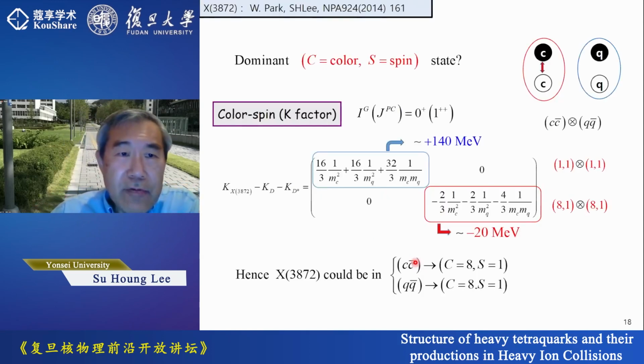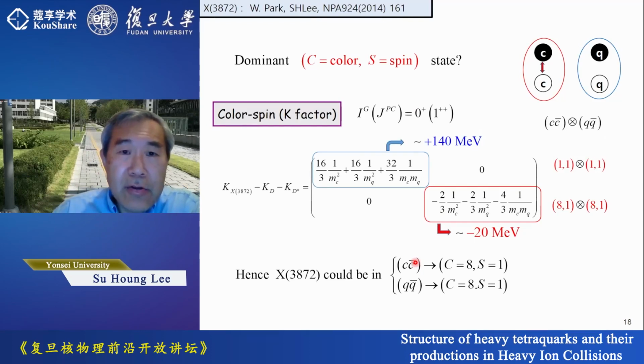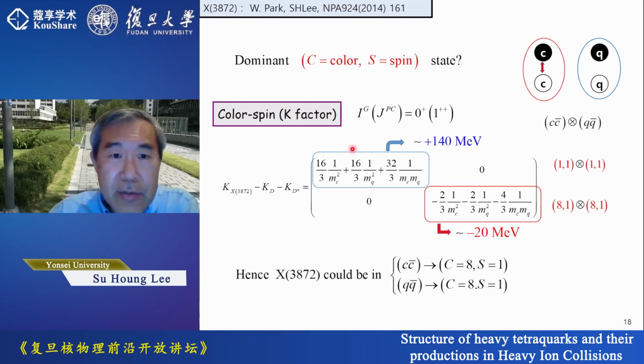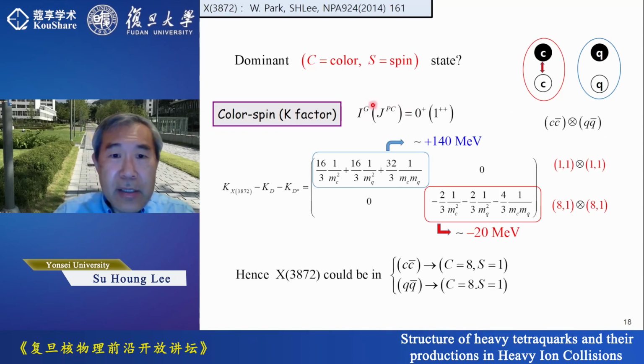As I said, from a quark model point of view, the most important point is the color-color interaction and color-spin interactions. So let's start with the color-spin interaction and calculate the K factor when you have something called the X3872. Now, X3872 is called the chi_c1(3872) these days, but anyway, I would like to just stick with this name for the time being.